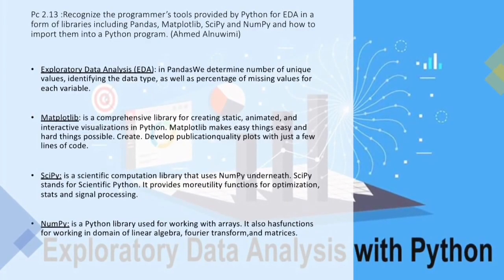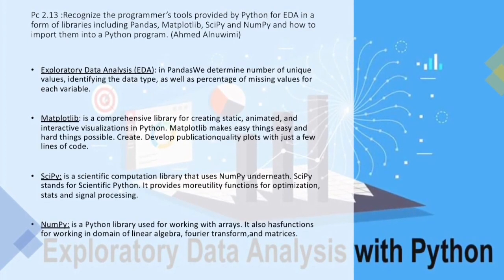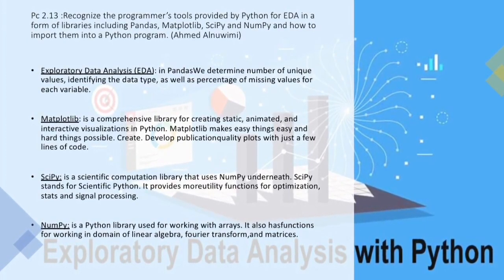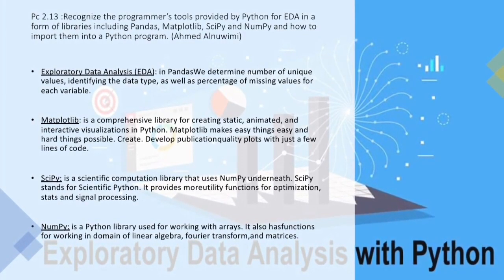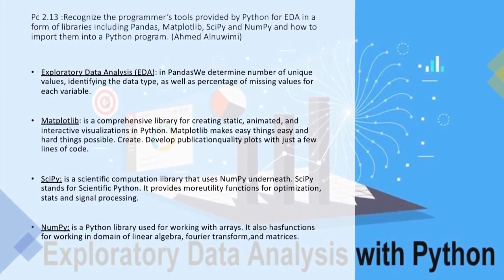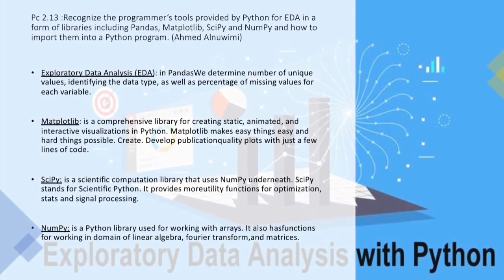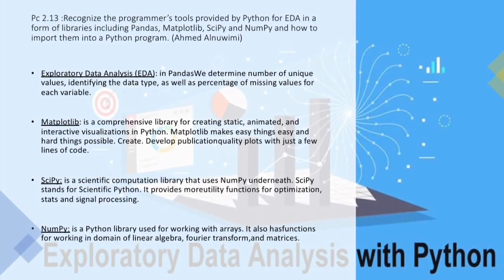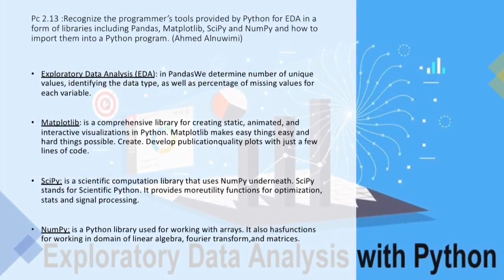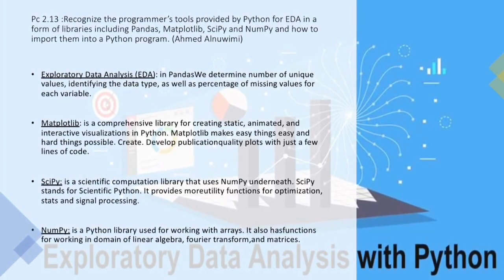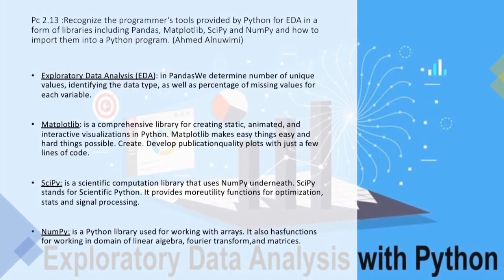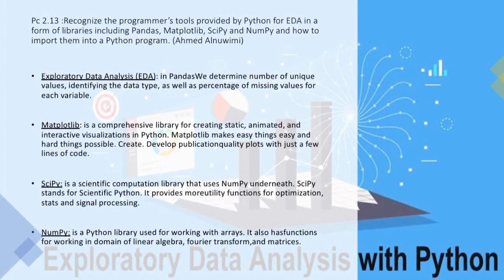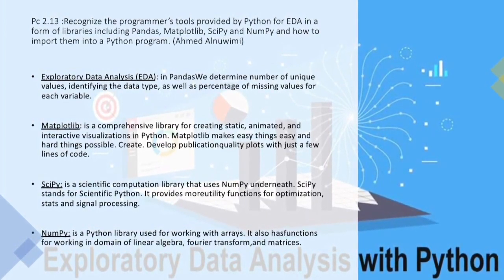Pandas. In pandas, we determine the number of unique values, identify the data type, as well as the percentage of missing values for each variable. Matplotlib is a comprehensive library for creating static, animated and interactive visualizations in Python. SciPy is a scientific computation library that uses NumPy underneath.